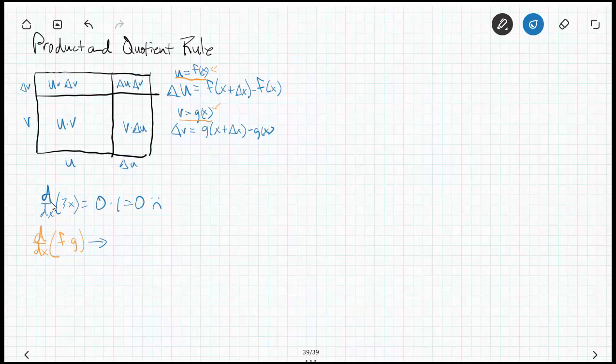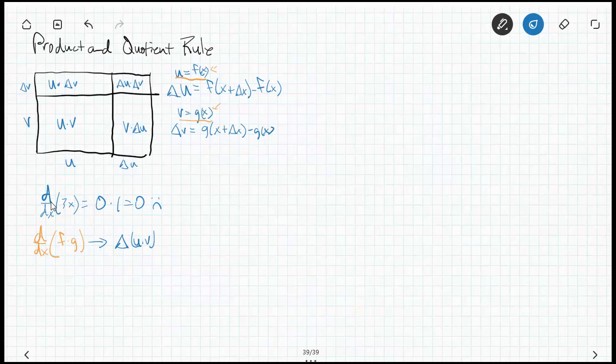What we're looking for is the change, the delta of u times v, right? If we think about our fishing expedition, we start with a big change, which we can call delta, and then at some point we're going to take a limit and shrink this down to a d using Leibniz notation.